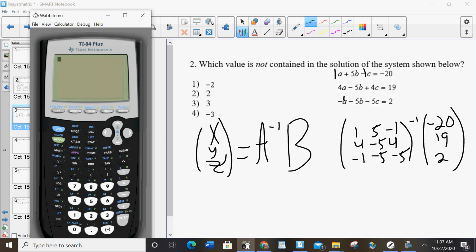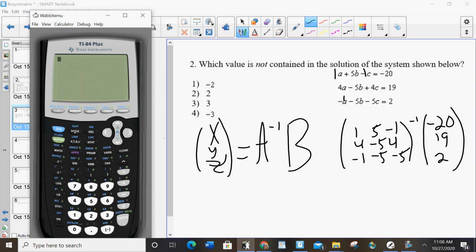Second quit. Second matrix, edit, B. 3 by 1. -20, 19, 2. Second quit.